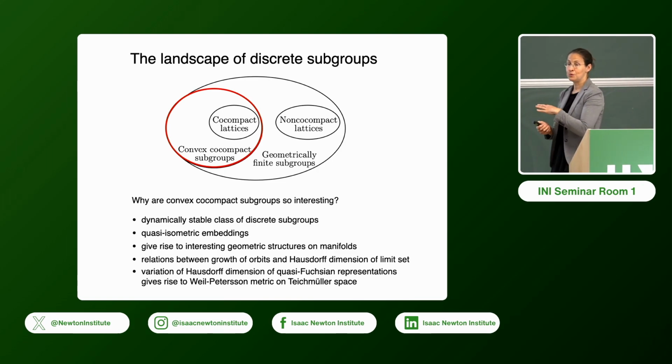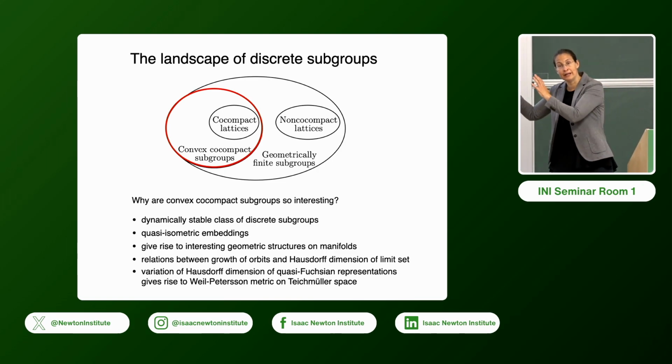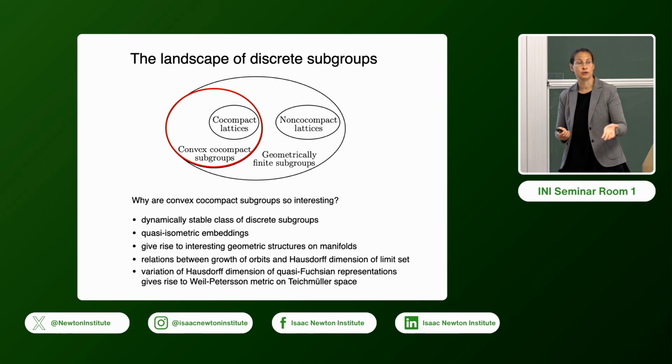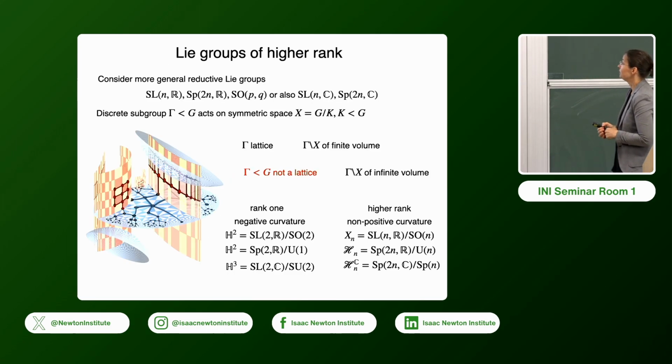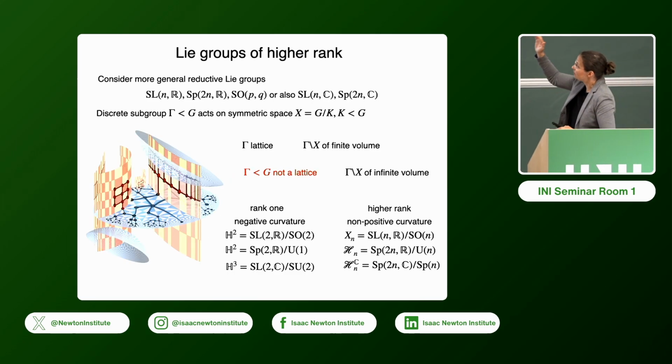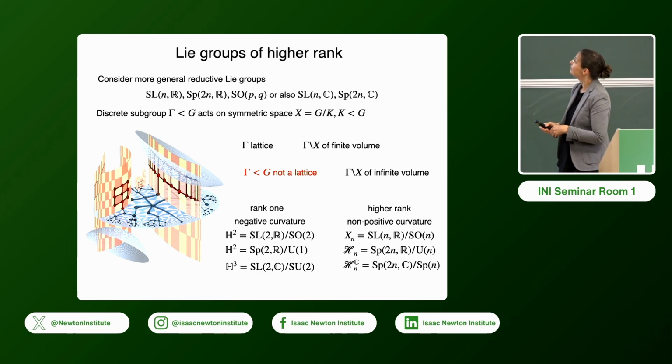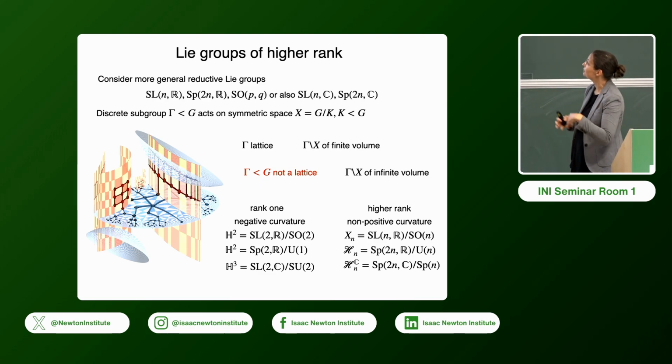So now I want to leave the world of negative curvature or rank 1 Lie groups and go to Lie groups of higher rank, where, if we look at the symmetric space associated to this Lie group, we have non-positive curvature. We really want to consider basically any reductive Lie group, but if you don't like arbitrary Lie groups, you could focus on SL(n,R) or the symplectic group Sp(2n,R) as the group of interest.